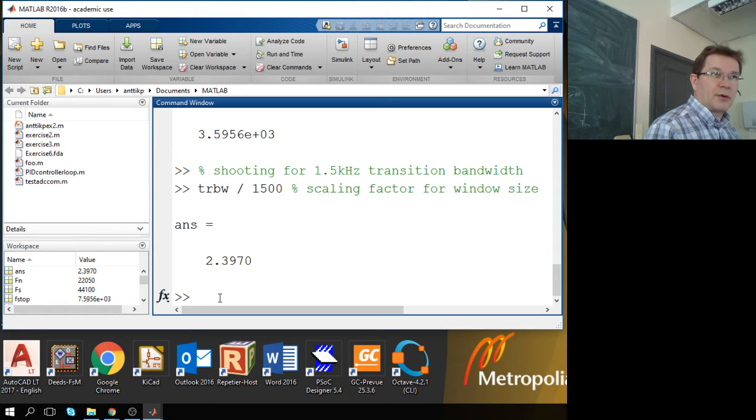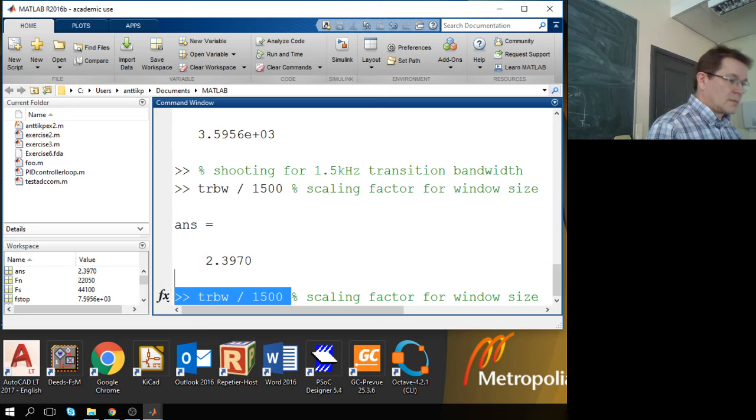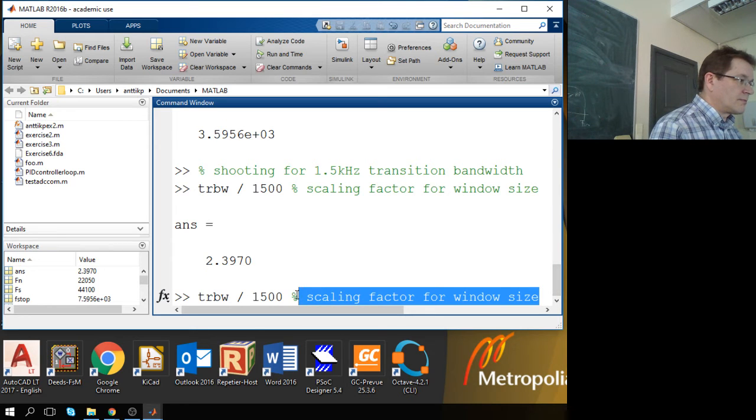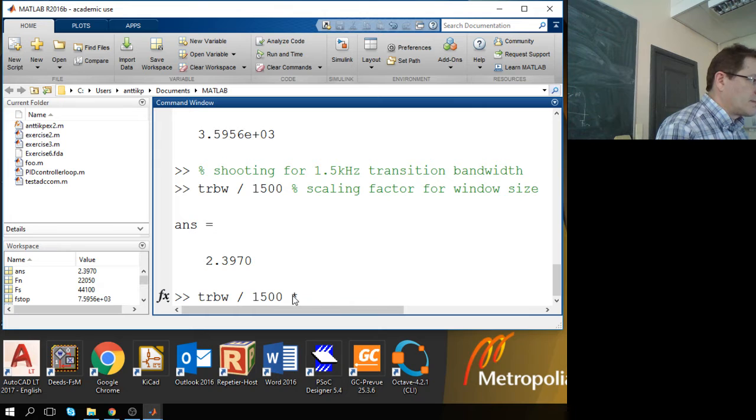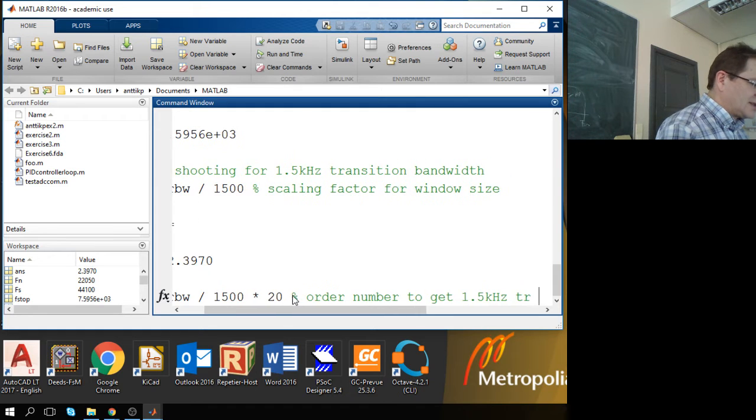And we have a 20th order system, so basically we need that's the new order number. Order number to get 1.5 kilohertz transition bandwidth.